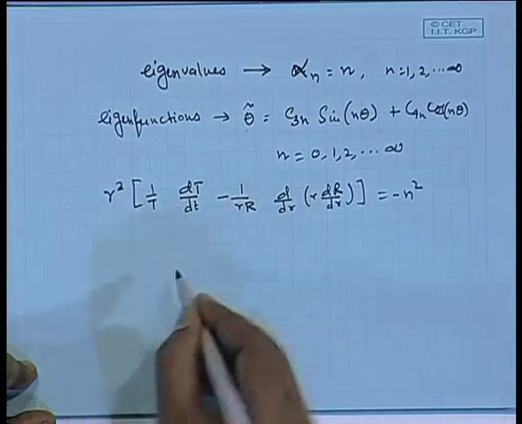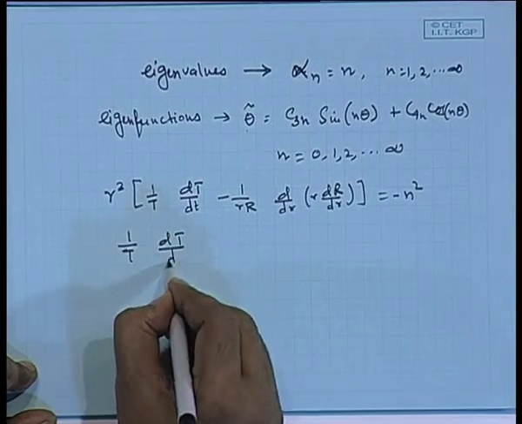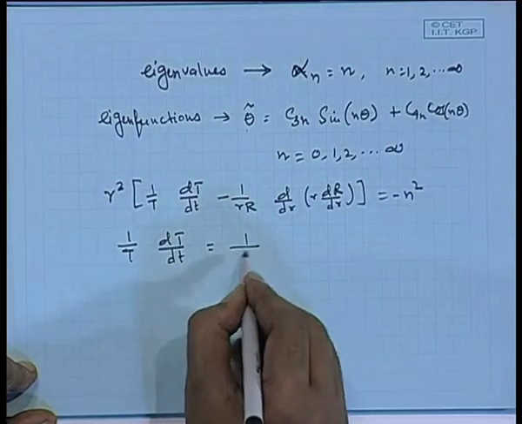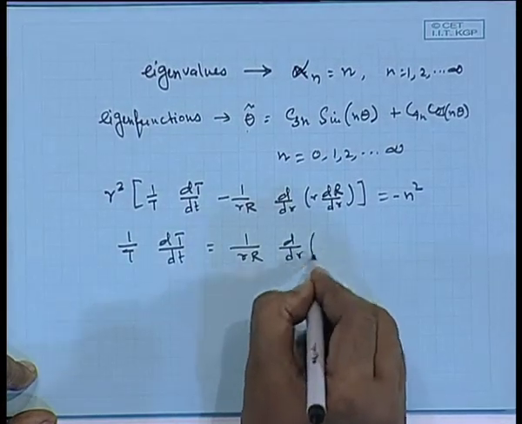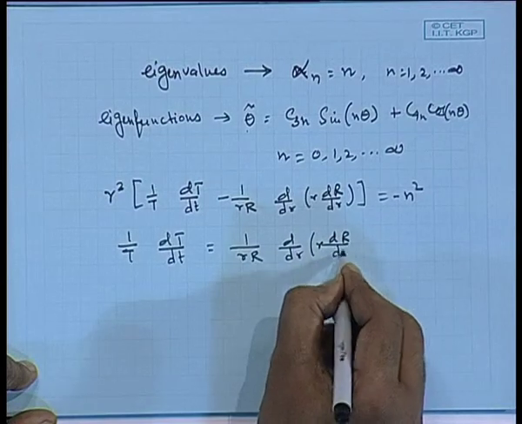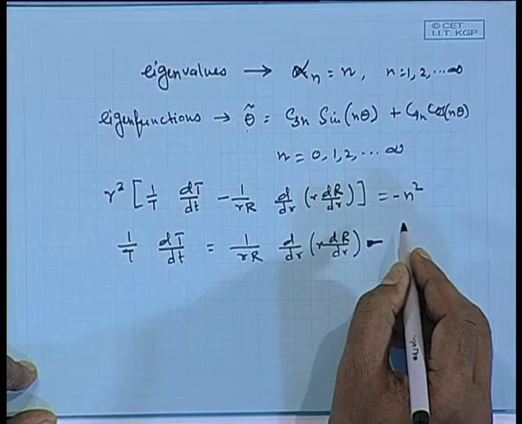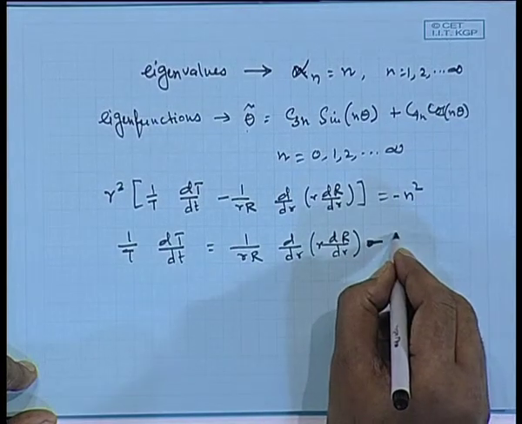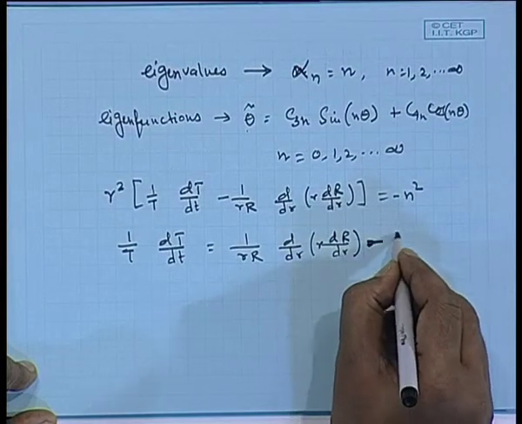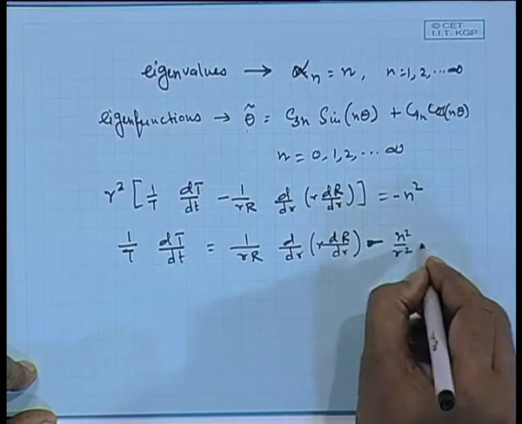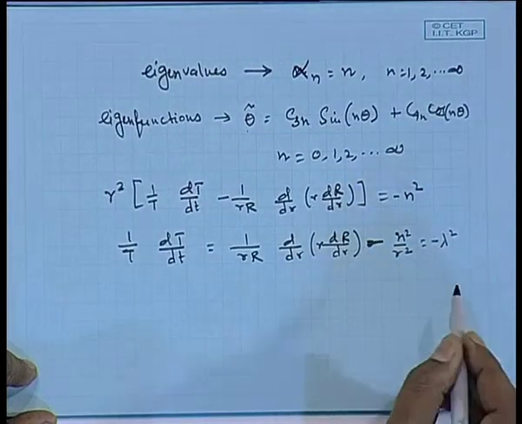Now, again you separate the variables: 1 over t dt is equal to 1 over r d dr r dr plus n square r square is equal to minus lambda square.